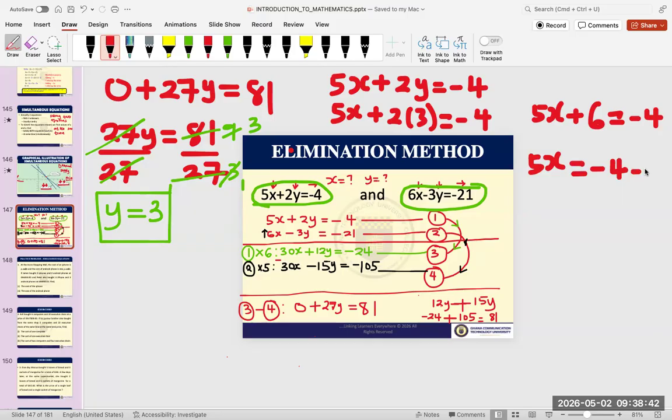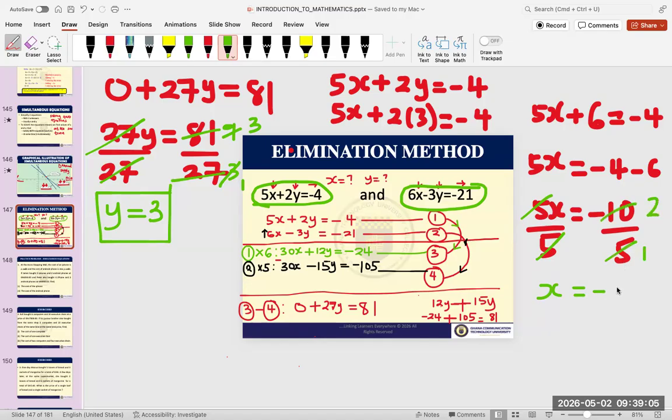This one comes here, negative 6. 5x will give us negative 10. Divide every side by 5. Then finally, this cancels that. So we have x is equal to 5 here 1, 5 here 2. So x is also negative 2.